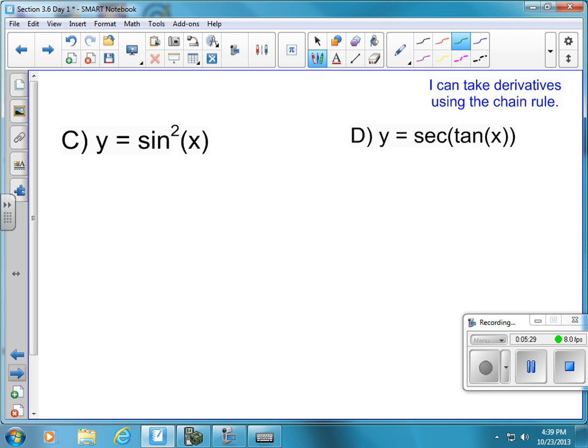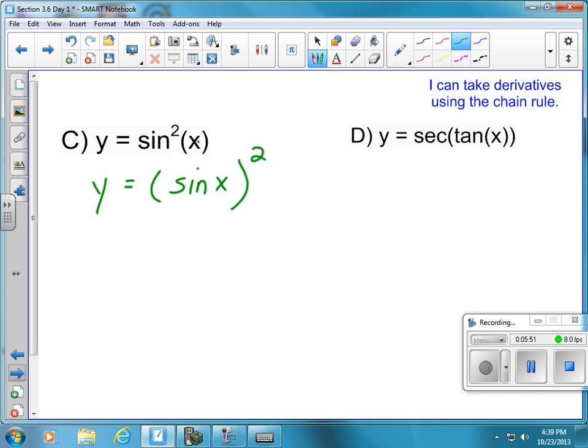A couple more examples. Sine squared. First of all, I'm going to rewrite this equation, because it's important to know in this course that sine squared of x is the same thing as sine x in parentheses squared.